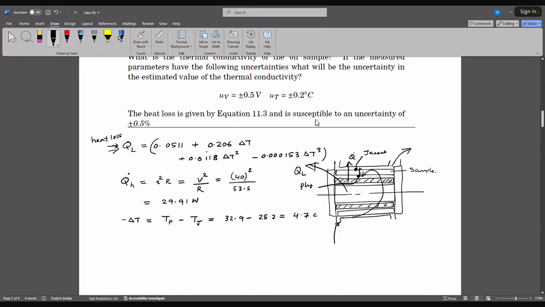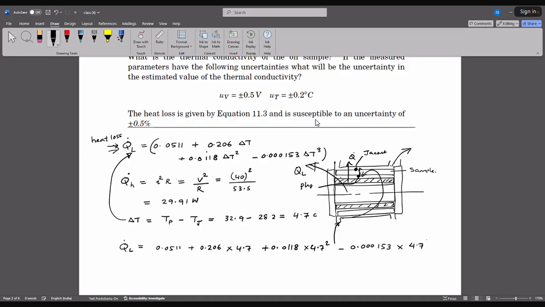If we substitute in the QL expression, the rate of heat loss can be found out by substituting 0.0511 plus 0.206 into 4.7 plus 0.0118 into 4.7 square minus 0.000153 into 4.7 cube.